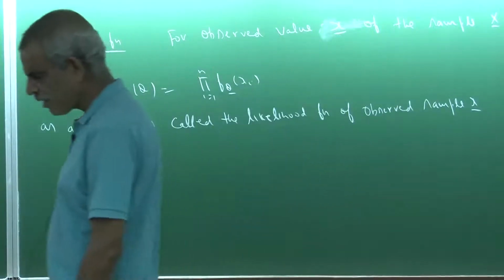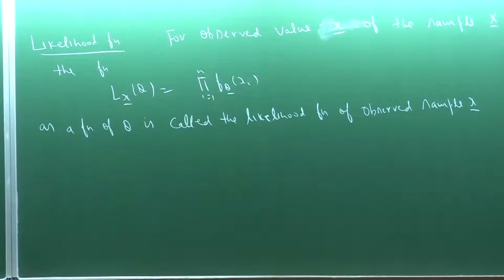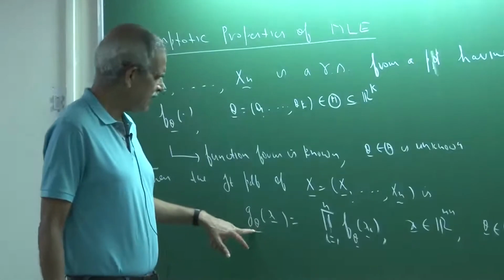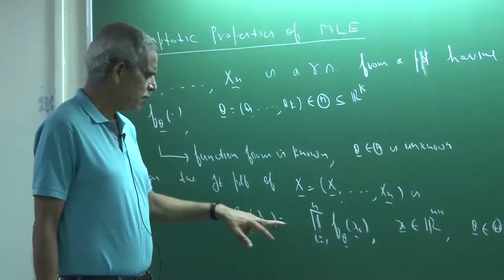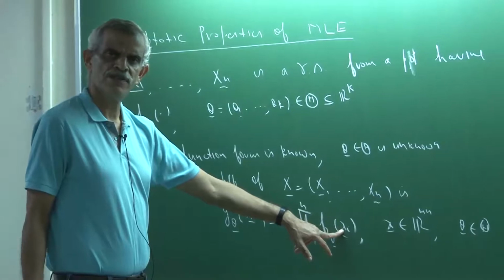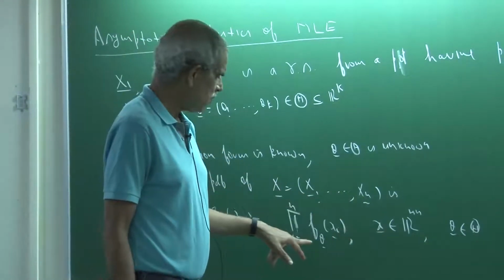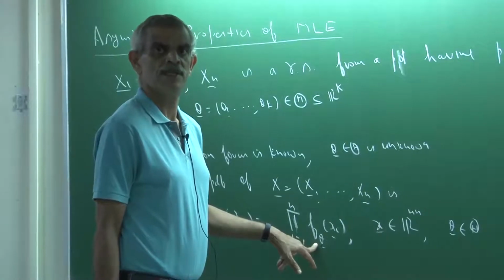Let us try to see what the interpretation of the likelihood function is. Let us say everything was discrete. Then g_theta(x) is the probability that you observe the random sample as x from the population f_theta.